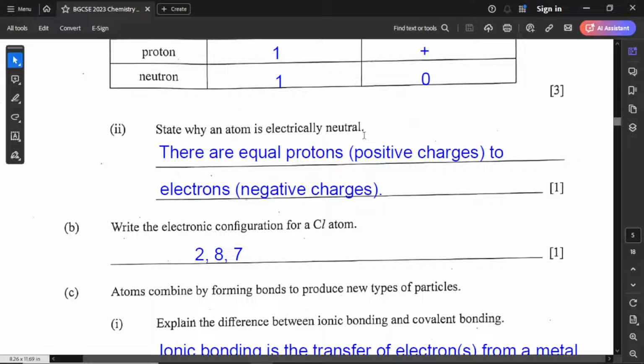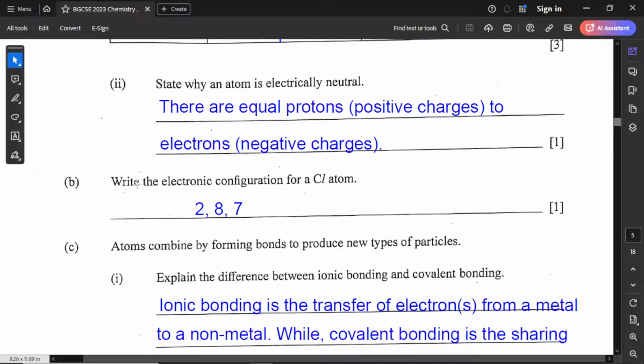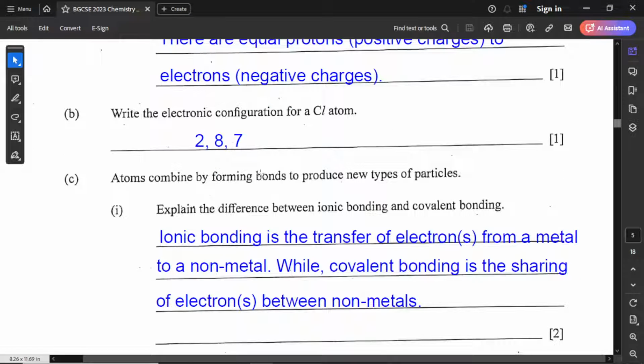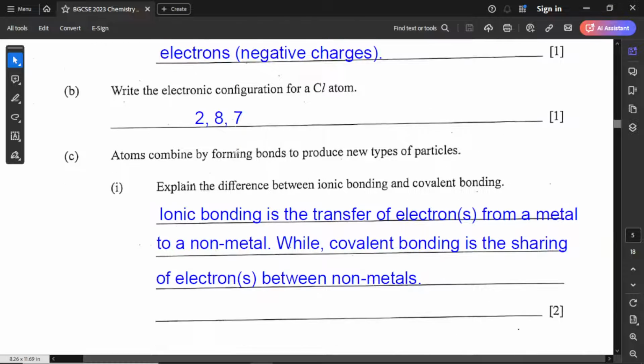Technically they cancel out the effect of each other. For part B, we said write the electronic configuration for chlorine atom, and that will be 2,8,7 because it is proton number 17, 17 protons or 17 electrons.